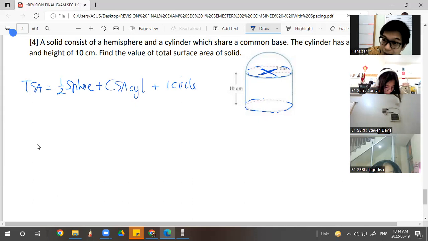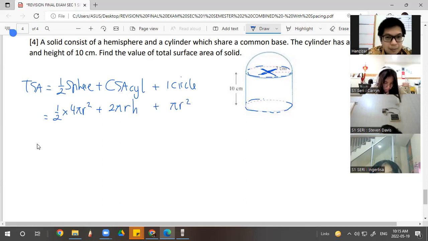Because it is inside the solid. You are mentioning the outermost part of the solid in order to find the total surface area. So hemisphere, half times area 4 pi r squared, plus curved surface area of cylinder 2 pi r height. Everything is a formula. One circle, pi r squared.